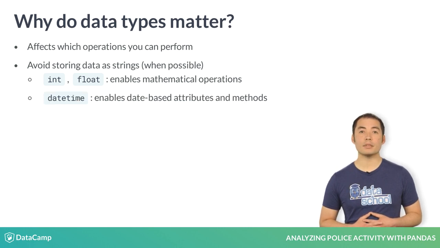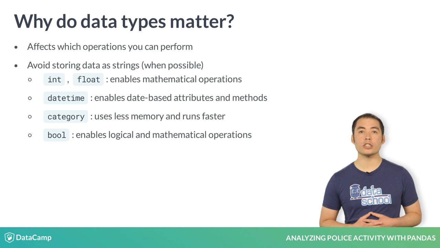The datetime type enables a rich set of date-based attributes and methods that are not possible with strings. The category data type results in less memory usage and faster processing than strings. And the bool data type enables logical and mathematical operations that we'll use during the course.